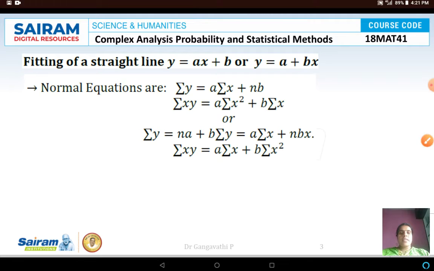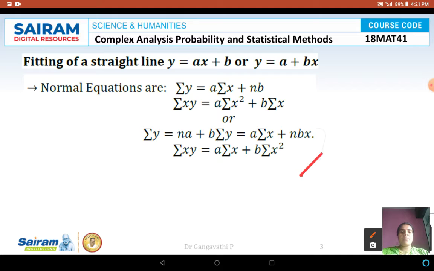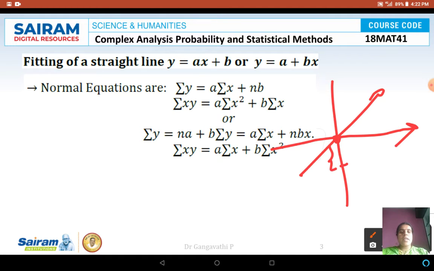If this is your straight line in the coordinate system, the point from here to here is called the y-intercept, which is b, and a is the slope of this line. So that is the equation of a straight line, y is equal to ax plus b.